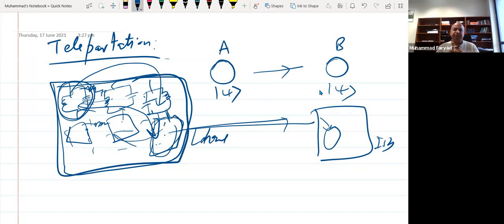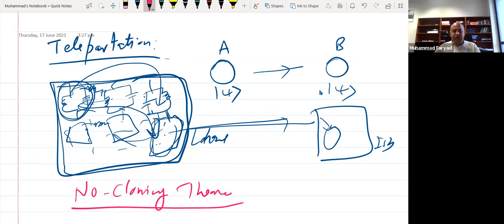And there is one big trouble in quantum mechanical systems which comes from the no cloning theorem. This no cloning theorem, which I'm not going into proving, states that if you have a quantum mechanical system in some general state psi, you cannot copy this state to another system without destroying it.